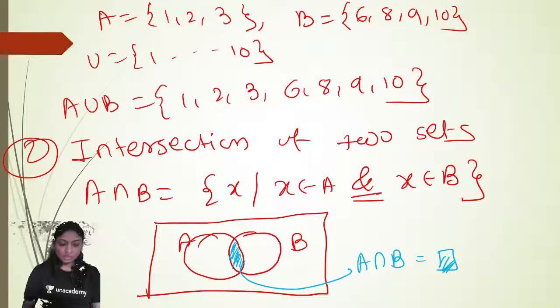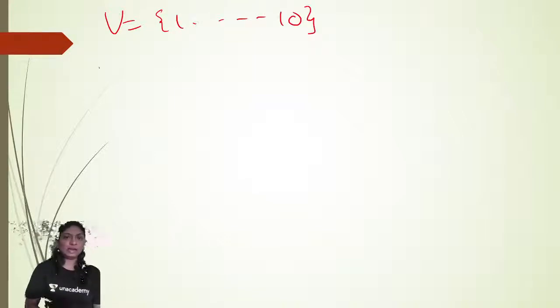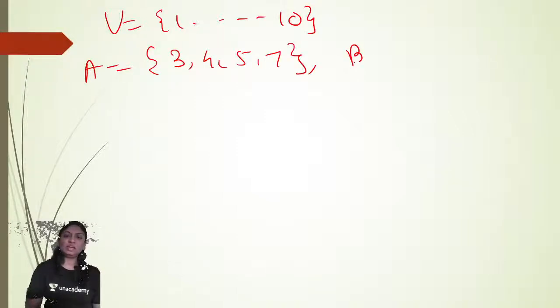Now next, we can take one example. First, we write U, the universal set, 1 to 10. Suppose A contains 2, 3, 4, 5, 7, and B contains 1, 2, 3, 4, 8, 9.